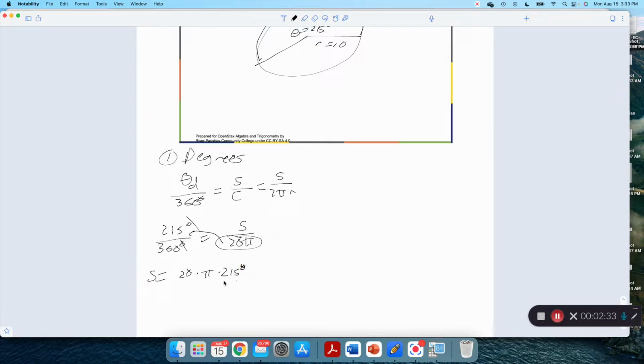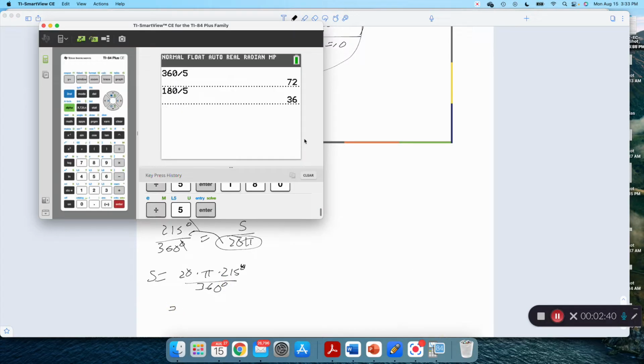Over 360. And I got my fancy calculator here. I can just type that in. 20 times pi. There's my pi button, I have to hit second to get to it. Times 215 divided by 360. And I get about 37.52.